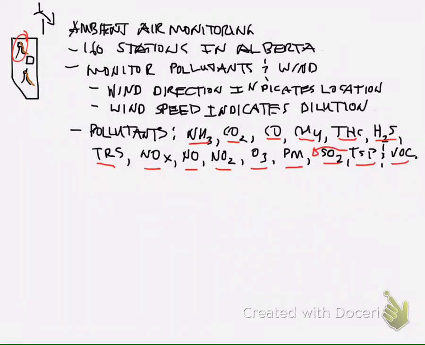And then VOC is volatile organic carbons, I believe, and that's going to be stuff that vapors from hydrocarbons like gasoline. Whereas the total hydrocarbon up here is going to include things that are normally gases at ambient pressure and temperature as well. So a whole whack there.